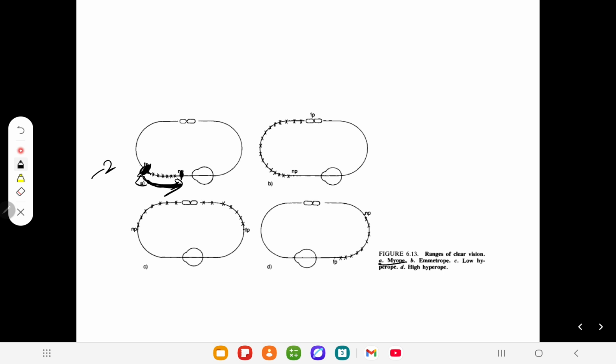The far point is here, you cannot see infinity, and obviously the near point is somewhere in between. And B is the very ideal condition, emmetropic. The far point is definitely at infinity, and the near point is as far as he can accommodate. And you can tell that the range of vision from this to this is because of the help of accommodation, isn't it?